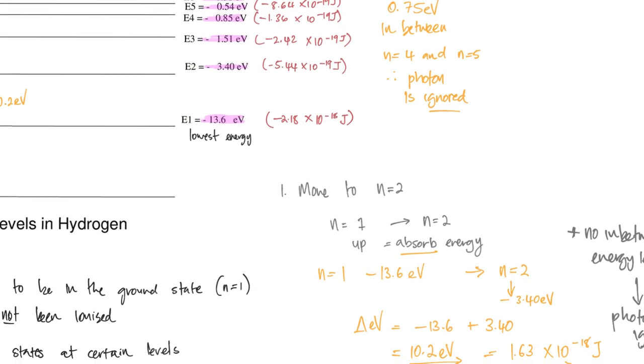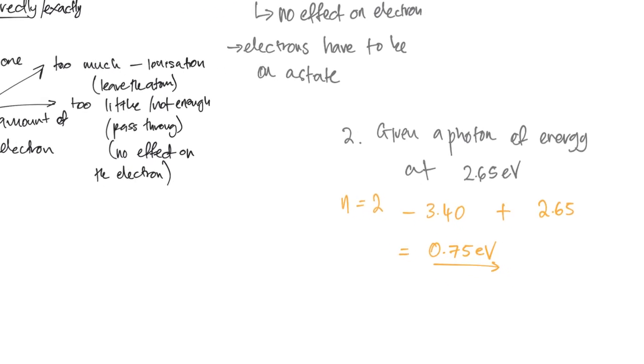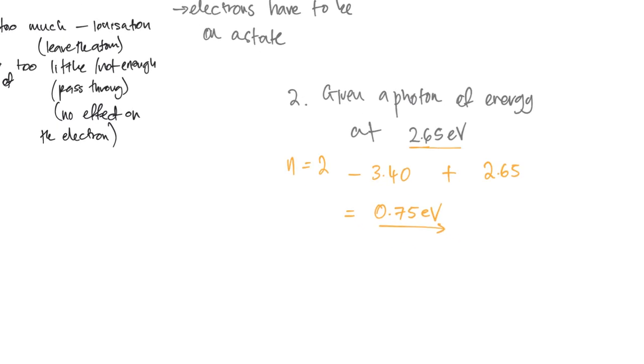Right, so all I'm going to say there is, if I was given this condition of 2.65 electron volts, I could say that the photon has insufficient energy, and therefore the photon will pass through the atom.